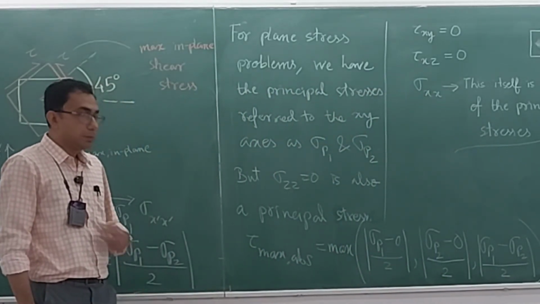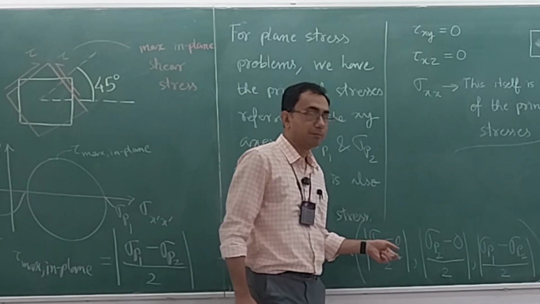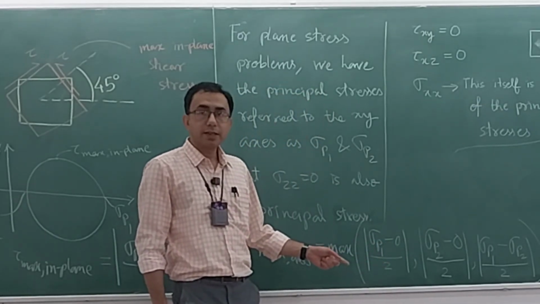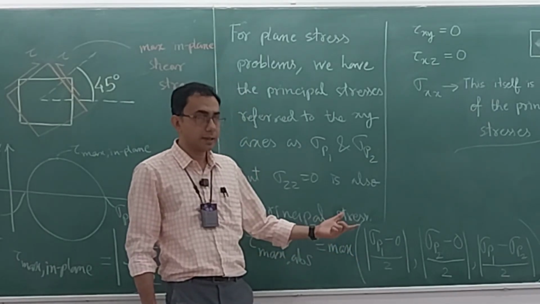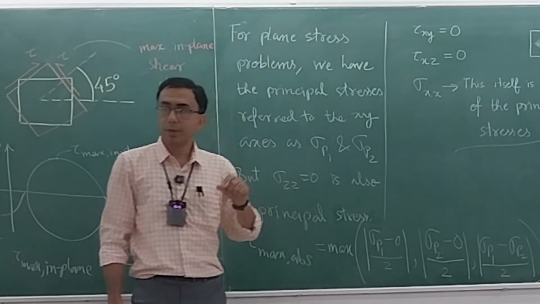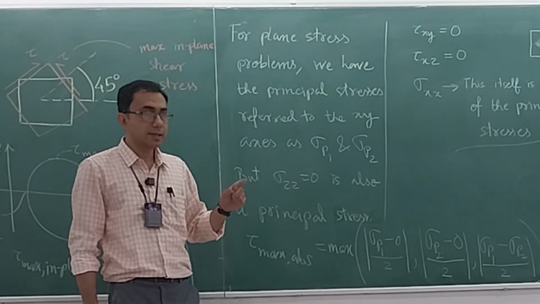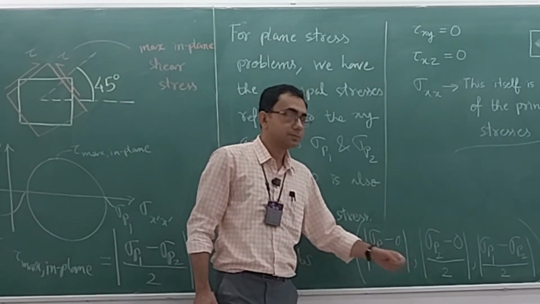Now, some of you may be a little bit confused regarding these options. How can these even be an option? I am considering the case where sigma p2 is larger than sigma p1. That could be a case. But if you arrange the values of your principal stresses such that sigma p1 is always larger than sigma p2, then this is not an option.